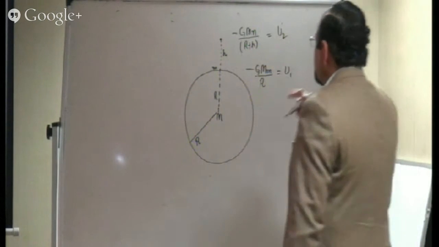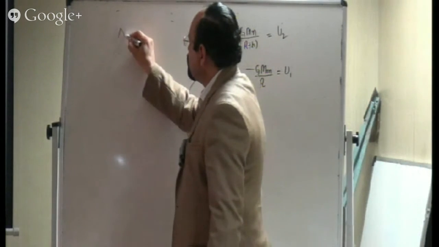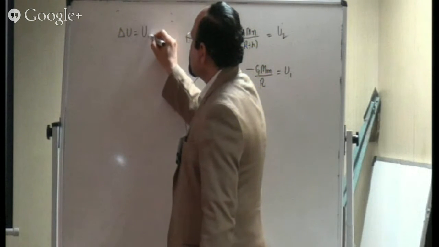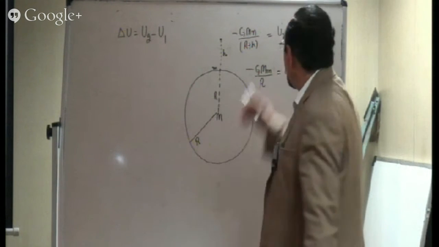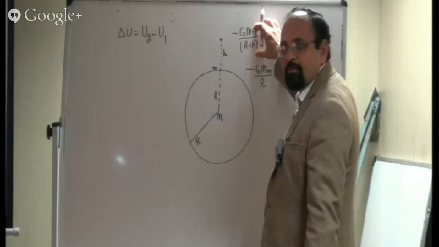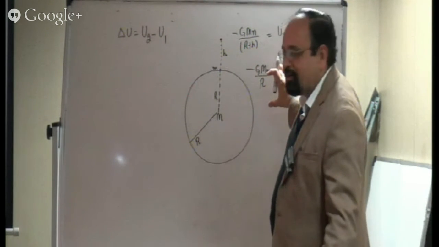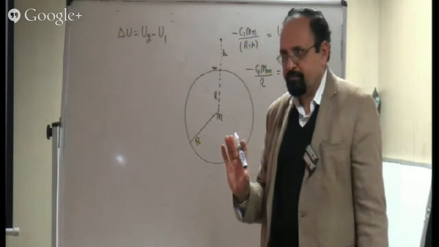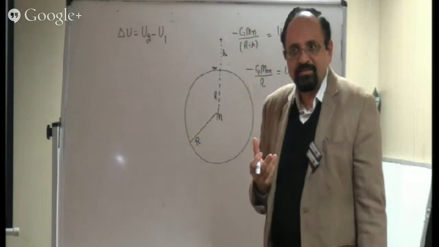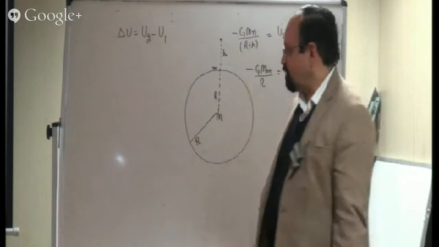So what I do is, I take the difference of the two. dU is equal to u2 minus u1: the quantity which is more minus the quantity which is less. So obviously, I must get delta U to be positive. More minus less, definitely this difference is always positive.